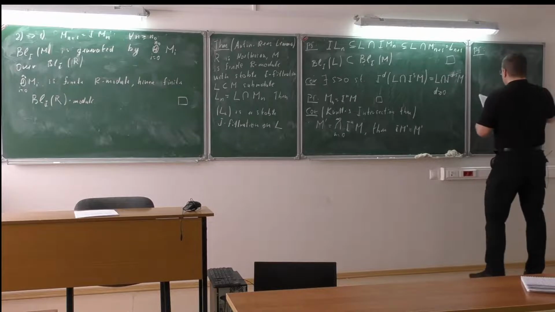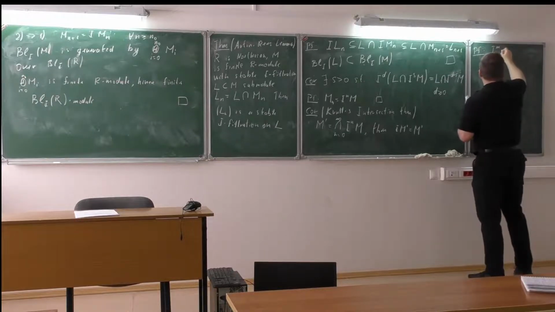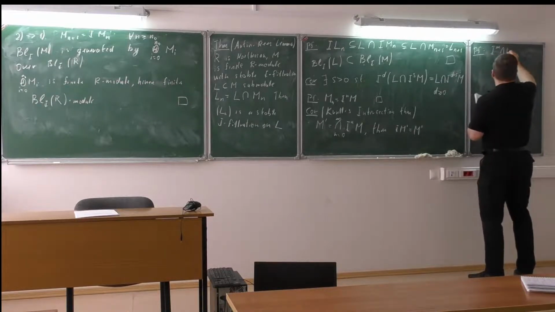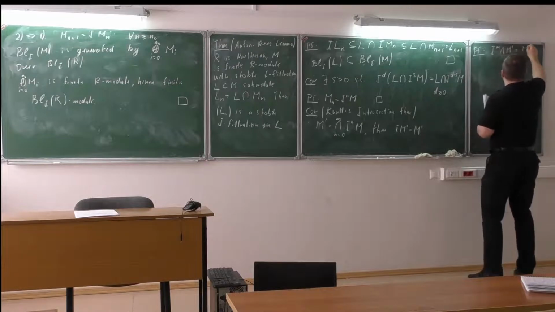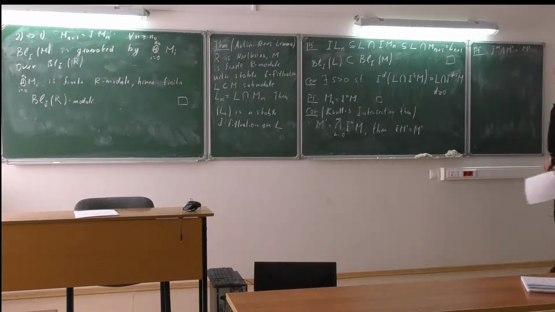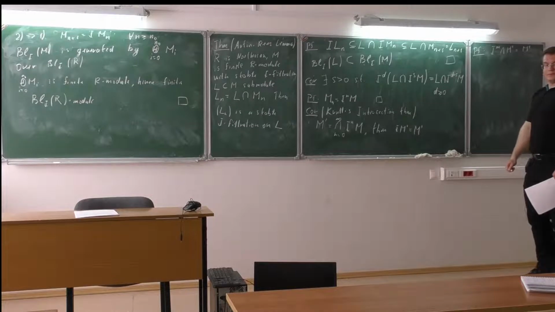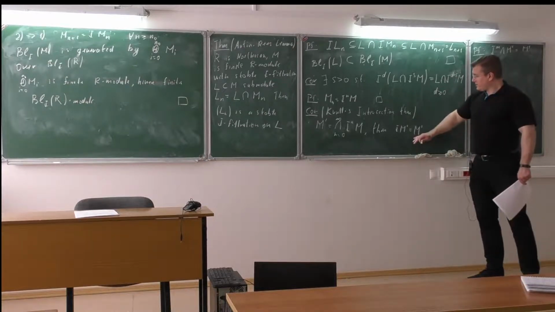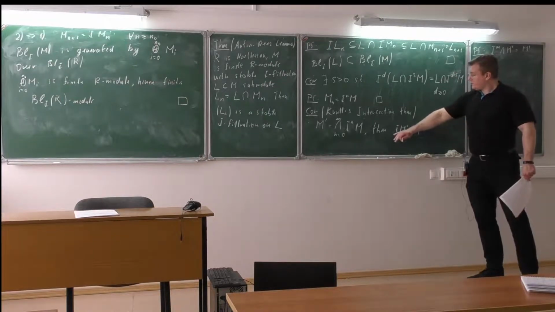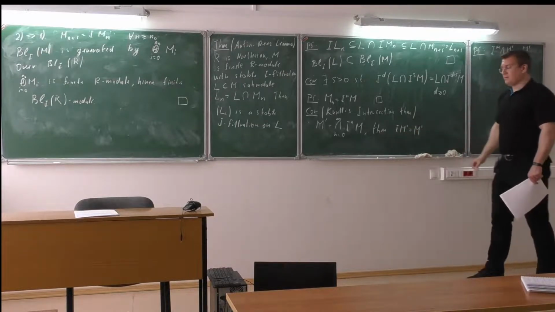Proof. Well, first of all, I to the m intersect with M prime is the same thing as M prime. So we want to show that we have a submodule M prime, and this is an even smaller submodule inside M prime, and we want to show that these two submodules are the same.